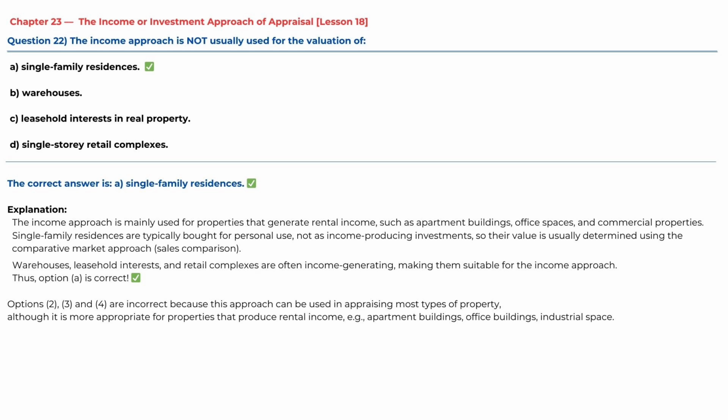Warehouses, leasehold interests, and retail complexes are often income-generating, making them suitable for the income approach. Thus, option A is correct. Options 2, 3, and 4 are incorrect because this approach can be used in appraising most types of property, although it is more appropriate for properties that produce rental income, e.g., apartment buildings, office buildings, industrial space.